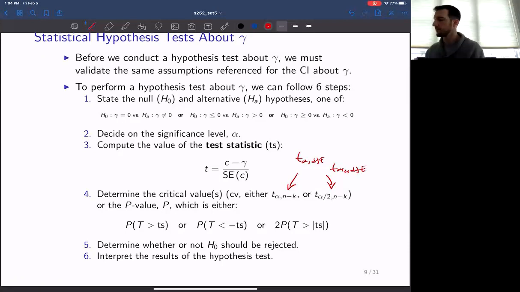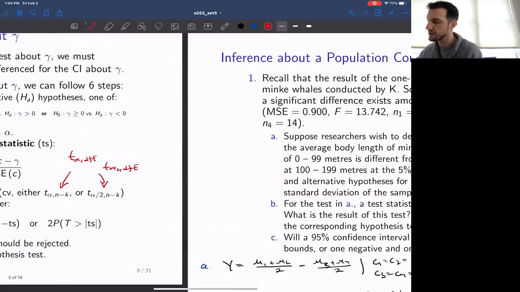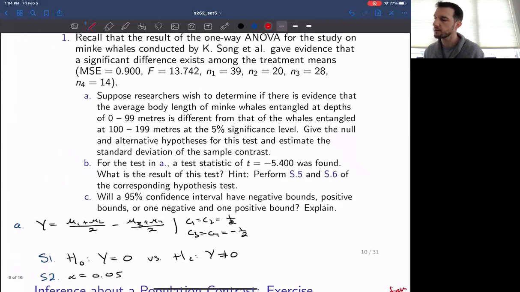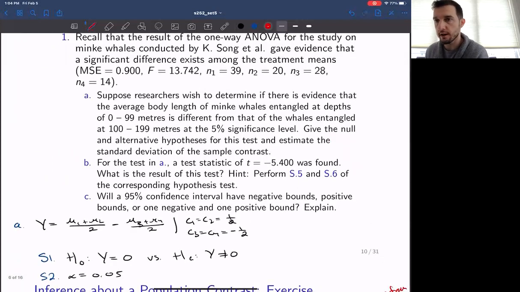All right, so we started working through an illustration based off of the 3rd contrast from part C that we looked at last class. Just as a refresher, we're working with the minke whale data, so we're measuring the body length of the whales.